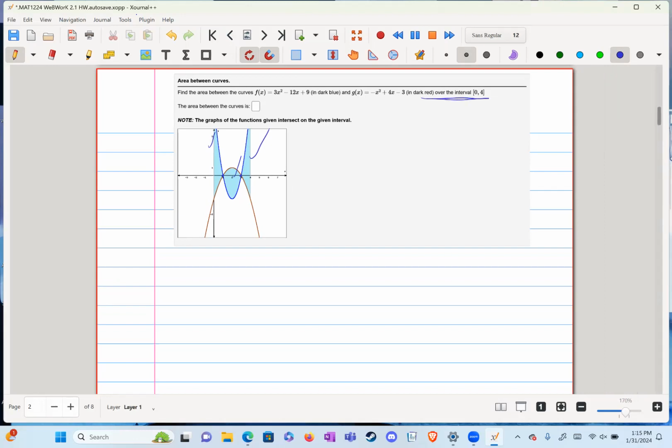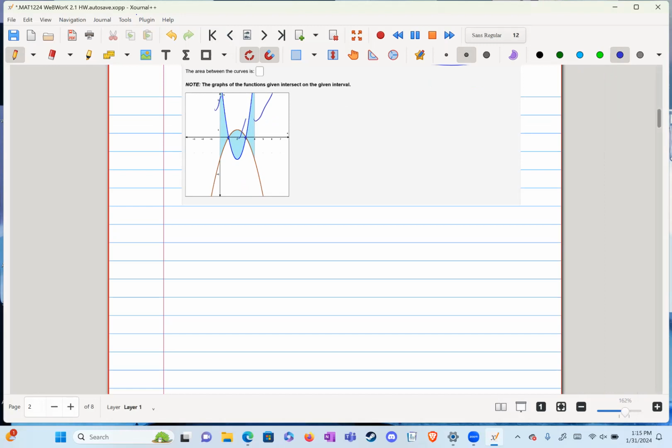But it's still good practice to find our points of intersection by setting our f of x equal to our g of x, which is 3x squared minus 12x plus 9 equal to negative x squared plus 4x minus 3. We move everything to one side, which gives us 4x squared minus 16x plus 12 equal to 0.